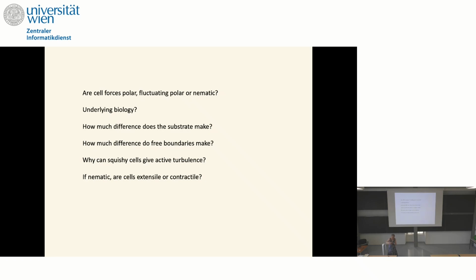But if these forces fluctuate quickly, then on average they'll look nematic-like because they'll cancel each other out apart from a dipole. So either of those is possible, and I don't think we or anybody else has really looked at the differences, and that's something we want to do.